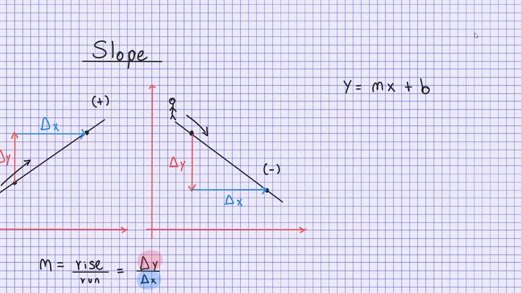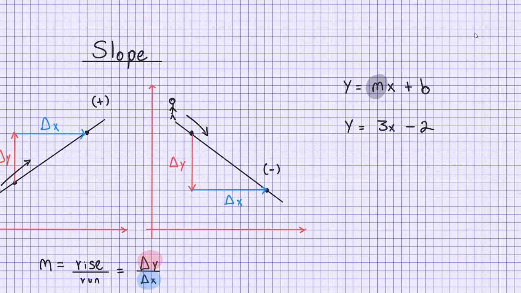Now, the idea here is to remember that the slope is represented by this letter m. So whenever you have a linear equation, such as y equals 3x minus 2, right now we're not going to worry about the value of b. We just want to focus on the slope.